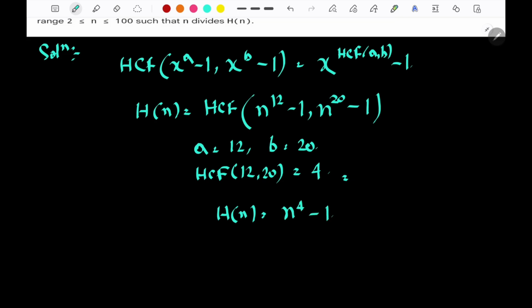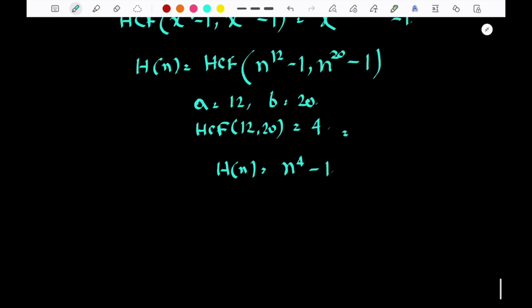But the condition says n divides h of n. So it means n must divide n to the power 4 minus 1. So if n divides n to the power 4 minus 1, what does this mean?